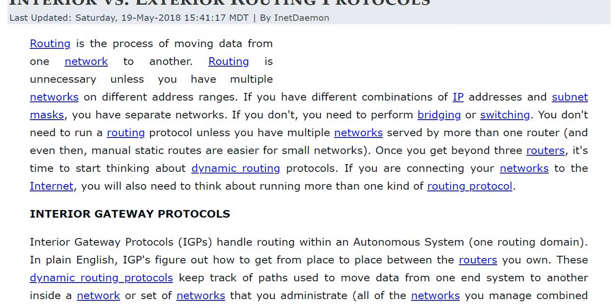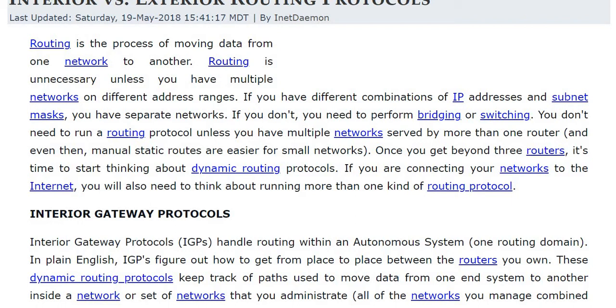A router routes the packet from one source to another destination, one host to another host. So within the router networks, it routes the packets using the routing information tables. It maintains the routing information inside the router.